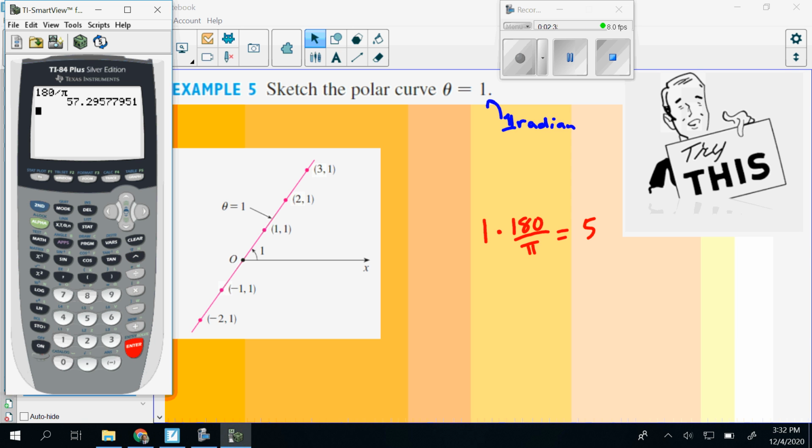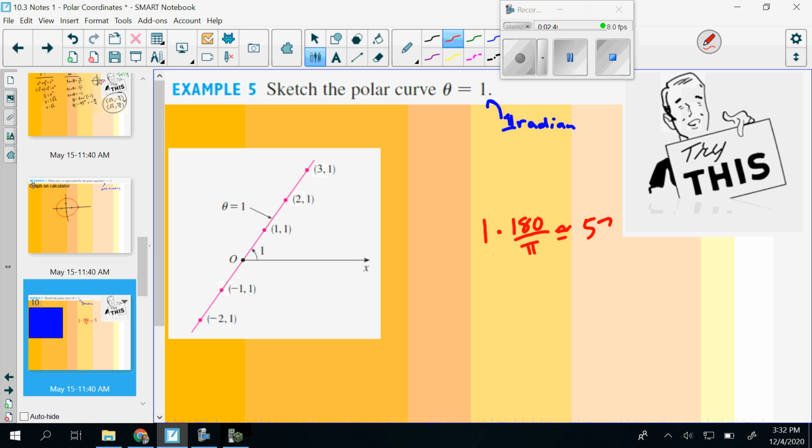So one radian is about 57.3 degrees. So anything along that line of 1 radian then would be part of this graph. So this would go indefinitely in both directions. So if it's only a theta, you're going to get a straight line in polar form.